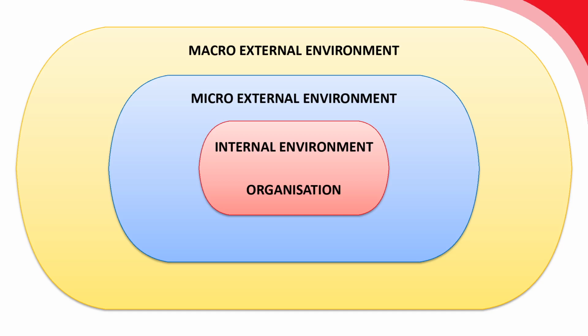We have the micro external environment, where things which the organization interacts with on a frequent basis, and there's some degree of control over things, again, like suppliers and customers. And then our broader macro external environment, where there is perhaps a degree of control, but it depends on the size and so on of the influence of the company itself. But generally speaking, the macro external environment influences the organization rather than the organization controlling it.